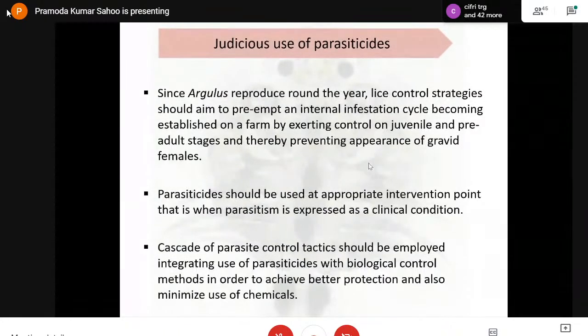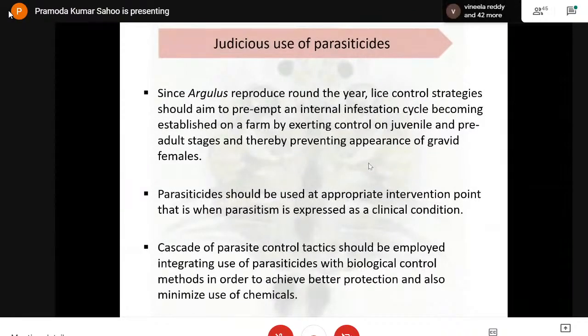This parasite is also developing resistance due to frequent or inappropriate use of drugs in the culture system. We do not know what amount of drug should be used at a particular time and at a particular point. So that is the major problem with these parasites. So they are slowly developing resistance.